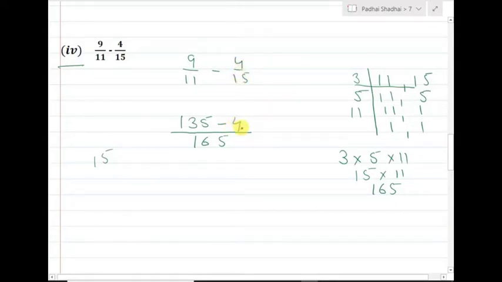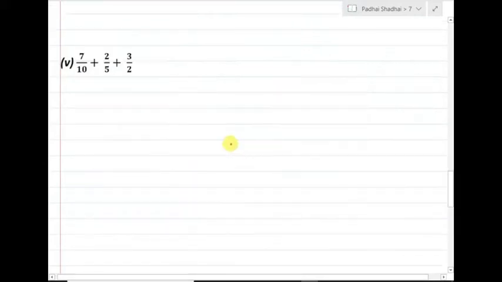And that answer we have to multiply by the numerator, that is 11 4s are 44. 135 minus 44 upon 165. So it will be 91 upon 165. Okay, that is the answer.